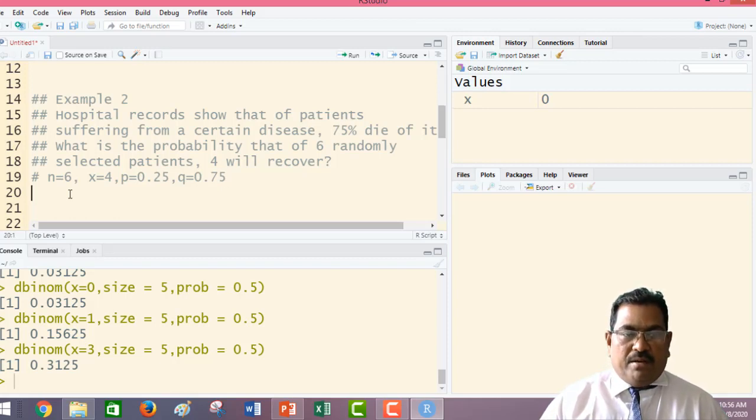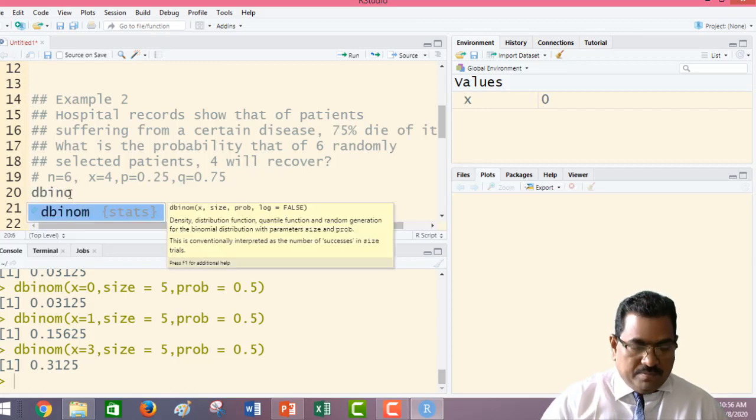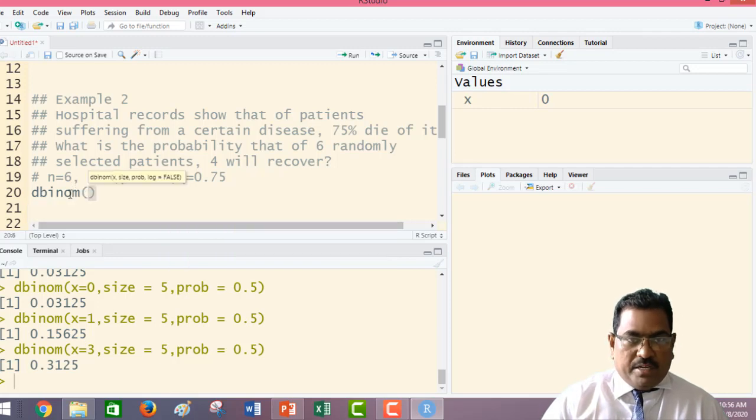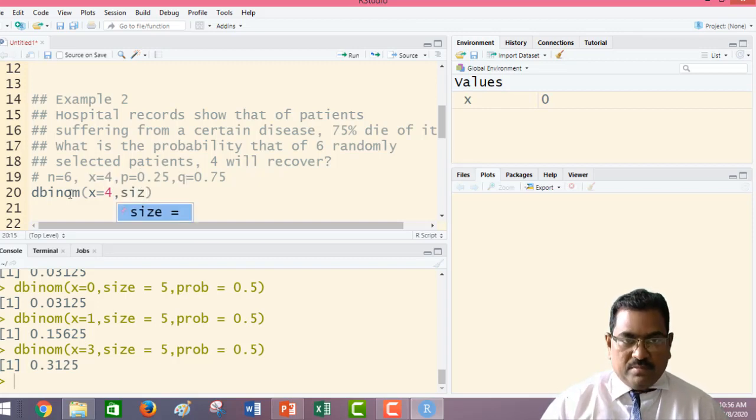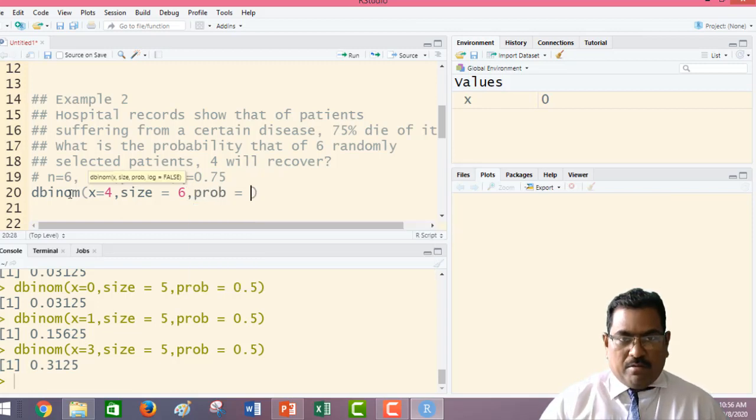So here I apply the same dbinom function. x equal to 4, since 4 are required, size equal to 6, probability equal to 0.25.